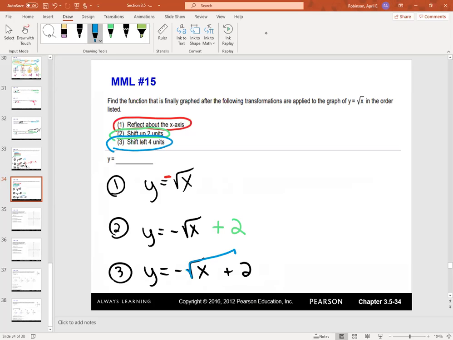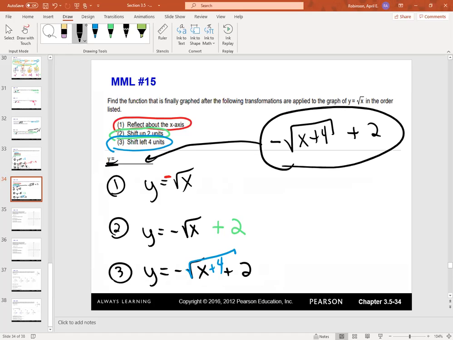And I'm going left, which in my head is negative, but for this, it would be a positive. So my final answer, since they've already got the y equal to, will be negative square root of x plus 4, and then outside of the radical, a +2. Step by step by step. 1, 2, 3.